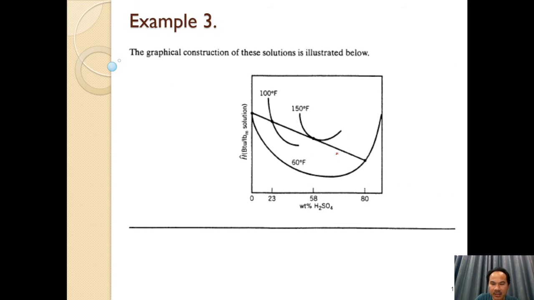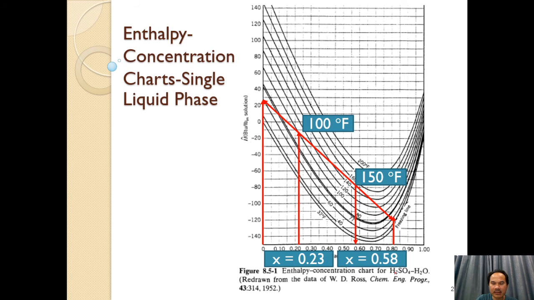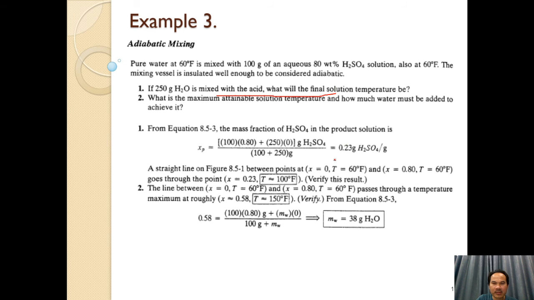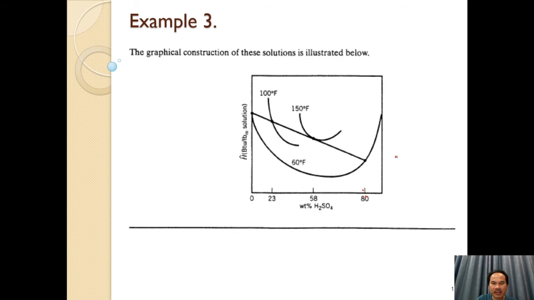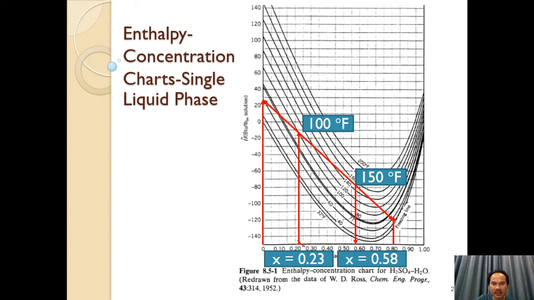And then you can draw the strength line. It is 80, like this. Okay. You get 0.23, that's right, 0.23 for this case.